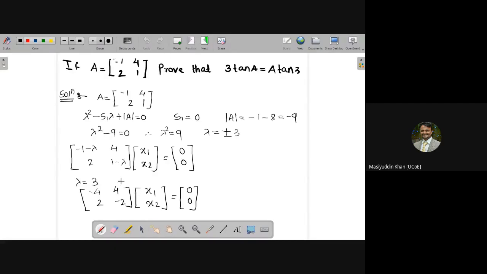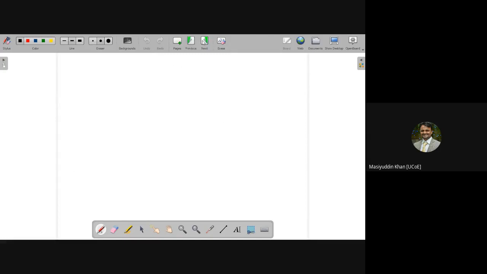Minus 4 and 2 minus 2, these are the same equation, you can see that. So I can take any one of the equations. Just taking this part, minus 4x1 plus 4x2 is equal to 0.